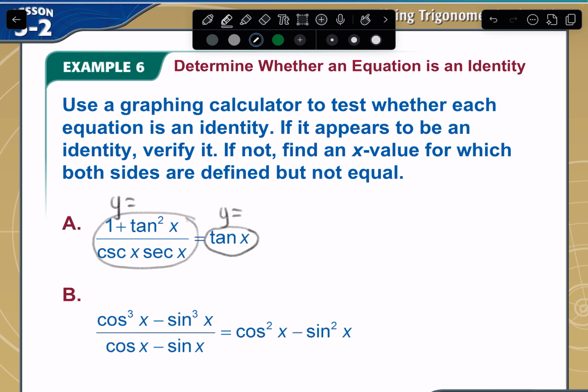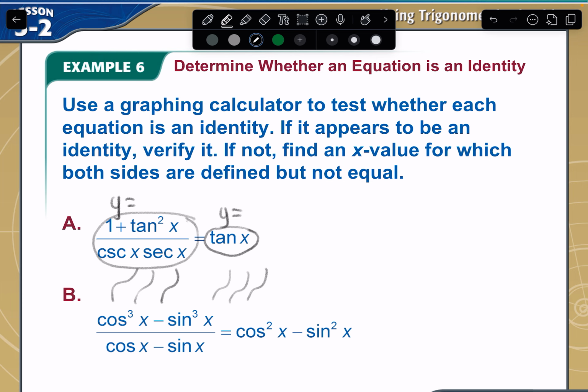Whenever you plug this very first one into your calculator, you're going to get something, and I'm just going to sketch it to the best of my ability. You're going to get something that looks like this. Whenever you plug tangent into your calculator, you're also going to get the same graph. They should overlap each other.